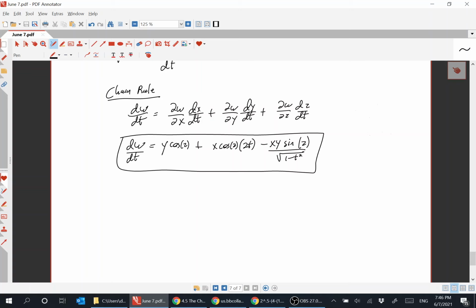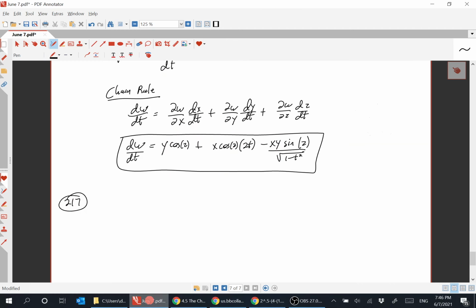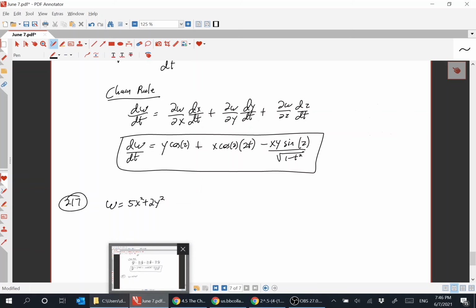So 217, more of the same, I'm sure here. So W, yeah, so this one, you could actually do it that way. So W is 5x squared plus 2y squared. There's no z there.